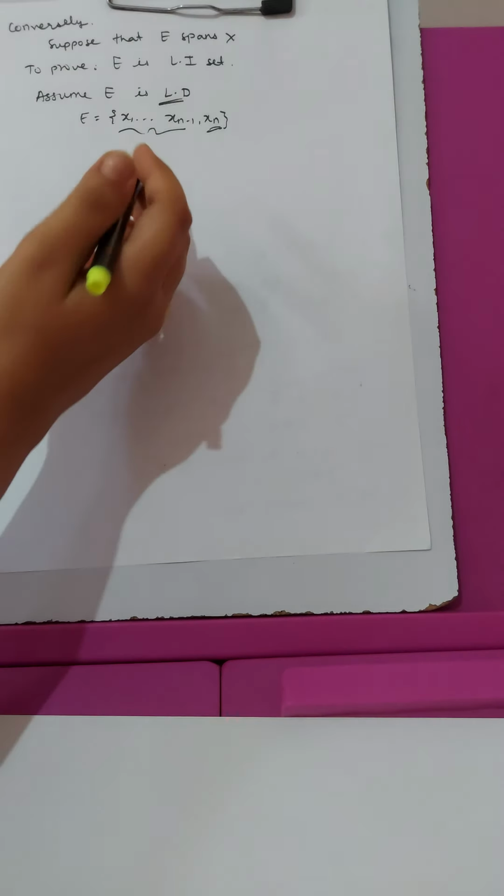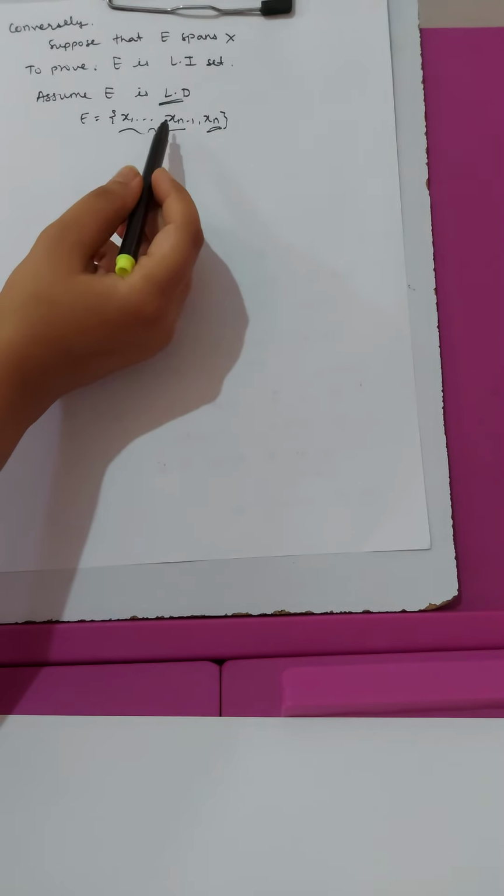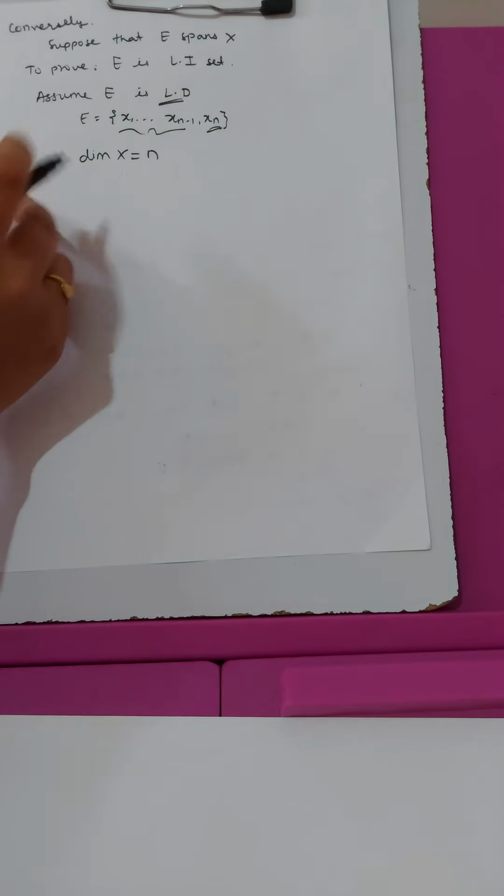But if we do so, the count of this set will decrease by 1, and this contradicts the hypothesis that dimension of X is n. So our assumption that E is a linearly dependent set is wrong, and hence we can say that E is linearly independent.